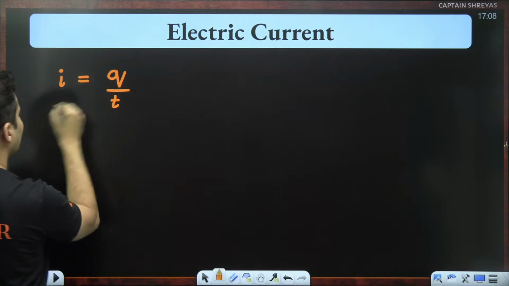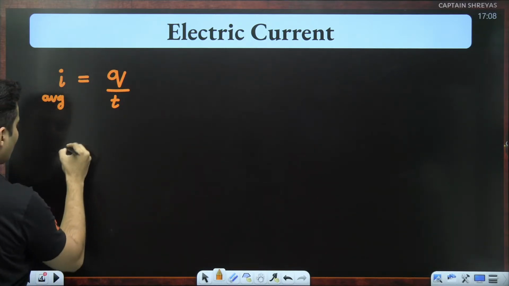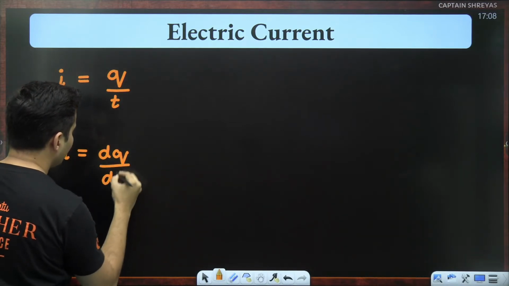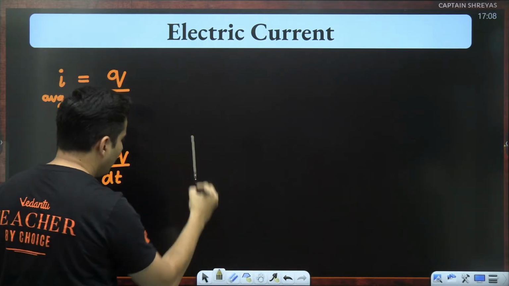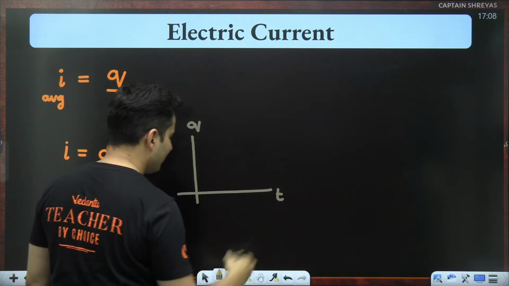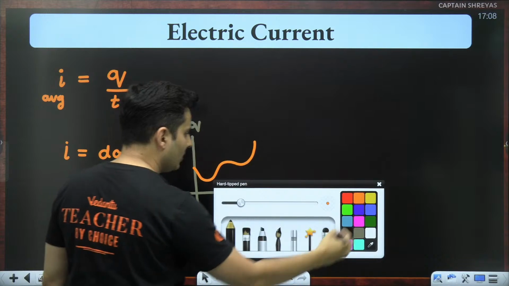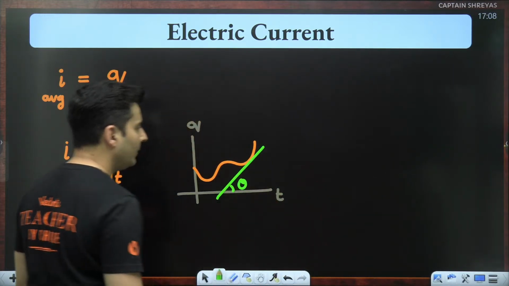But whatever current you write, this will be nothing but your average current. If you want to write instantaneous current, then you have to differentiate Q with respect to time, which also means that if you are given a particular graph of charge versus time, and that graph happens to be something like this, you just have to draw the tangent. Let's say it is theta.